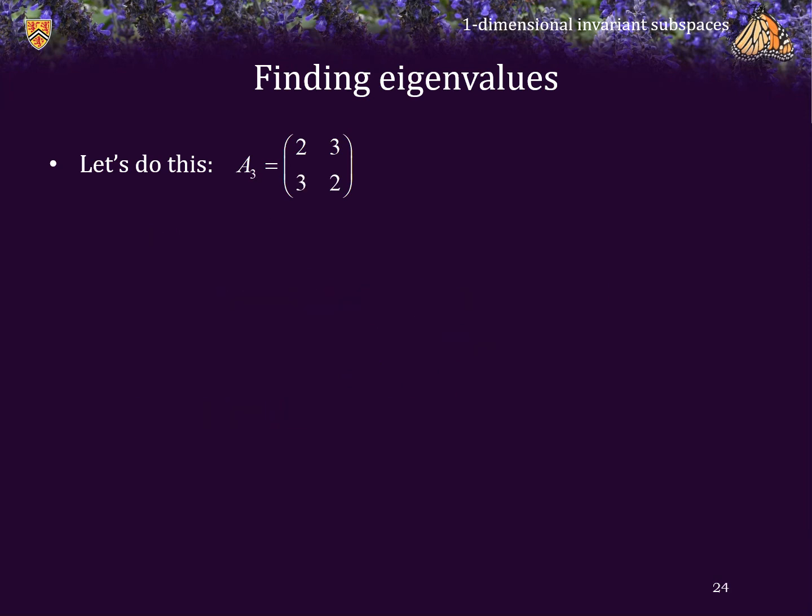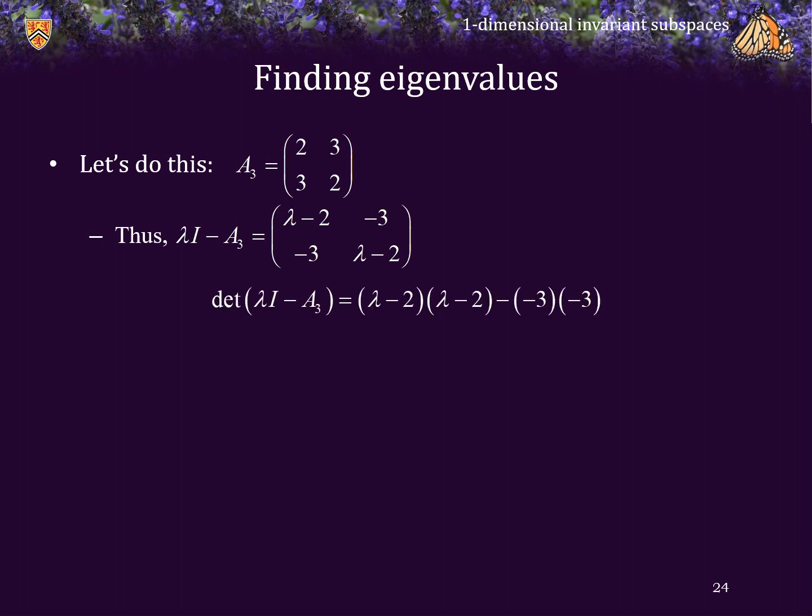Here's a third example. This is a symmetric matrix. Now, lambda times the identity minus this matrix gives us this matrix here. Lambda minus 2, negative 3, negative 3, lambda minus 2.